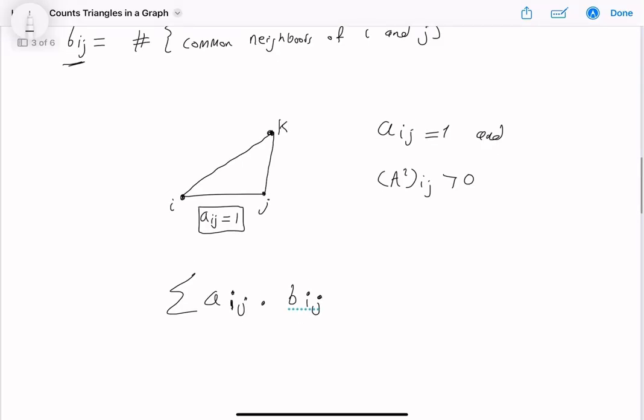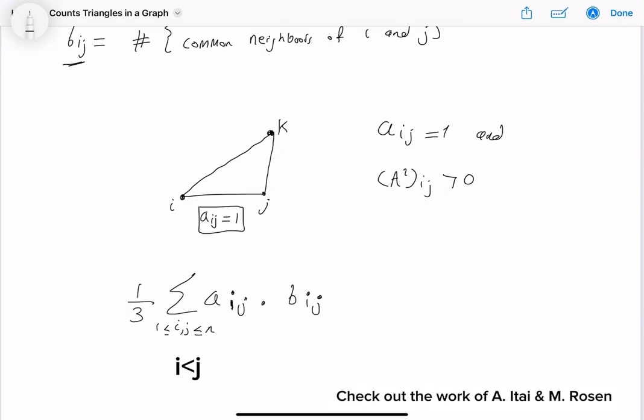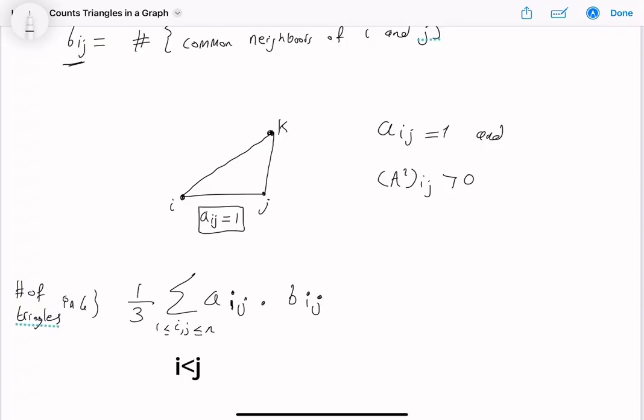So if we sum here over i, j between 1 and n, and we divide this number by 3, we get the number of triangles. So this will give us the number of triangles in the graph G. Okay, so this is a formula.